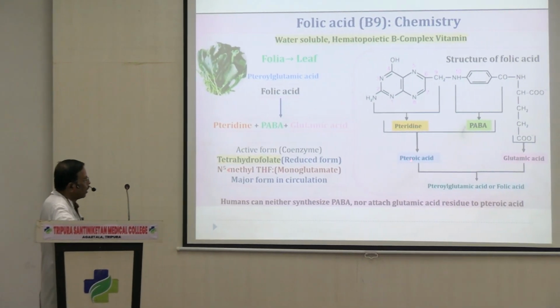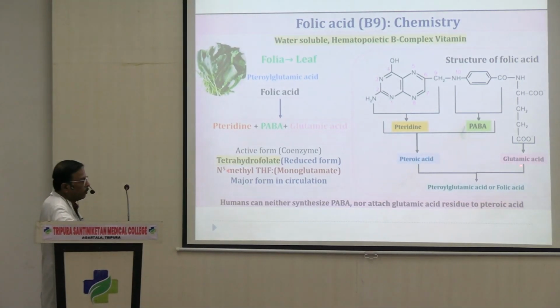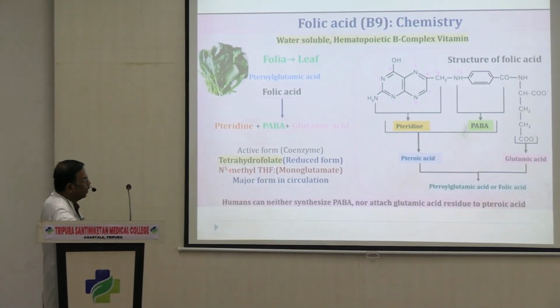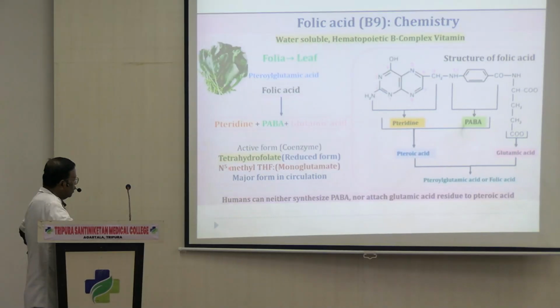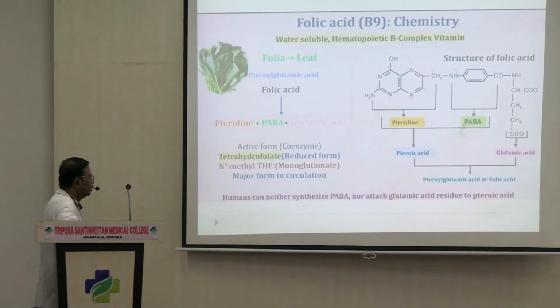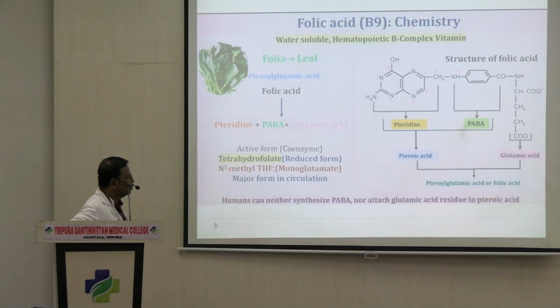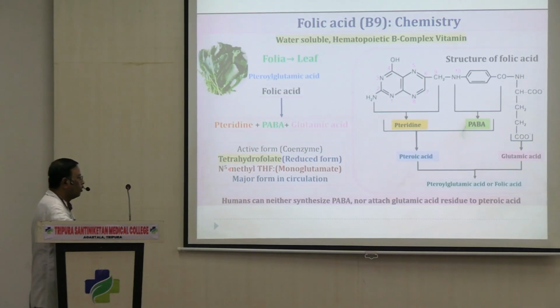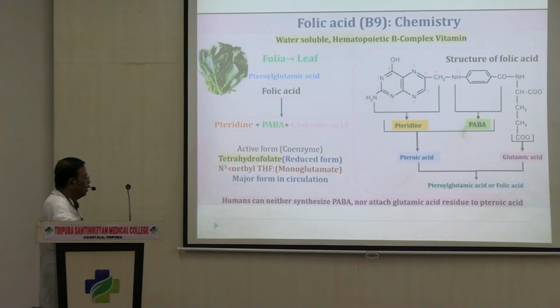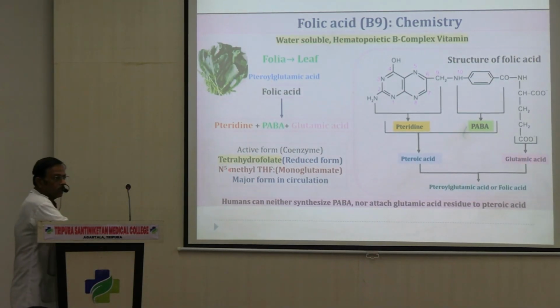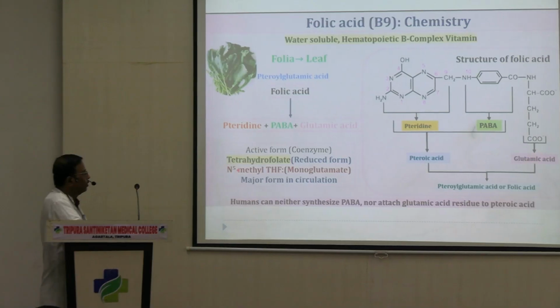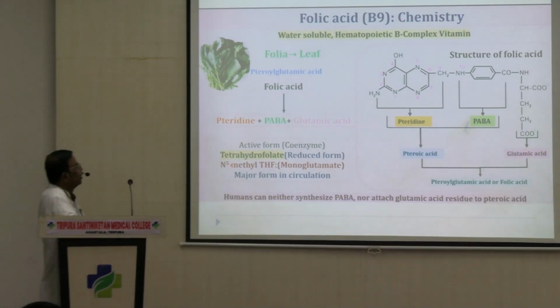And when glutamic acid is attached with pteroic acid, this is called pteroyl glutamic acid or folic acid. Human beings cannot synthesize para-aminobenzoic acid, or cannot attach glutamic acid residue to the pteroic acid. So that's why folic acid also has to be supplied in the body from diet.